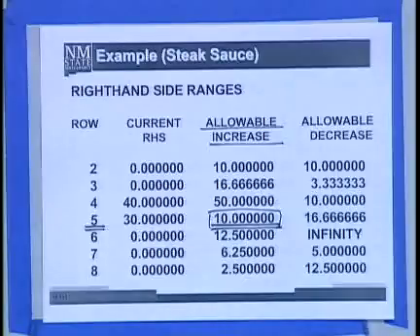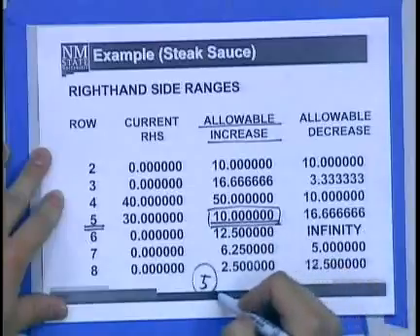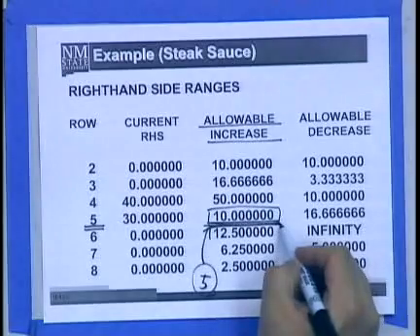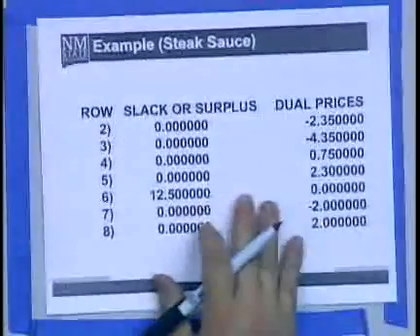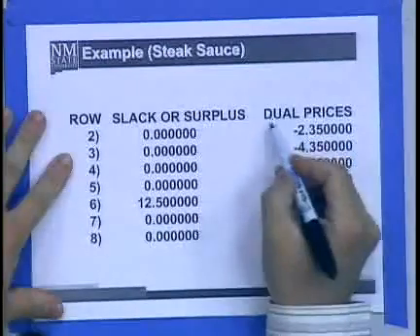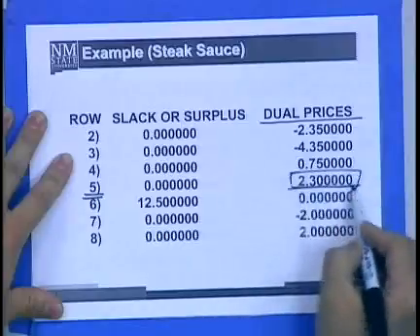So the current dual price for row number 5 is valid because an additional 5 quarts of ingredient B is less than the allowable increase, which is 10 quarts. The dual price for row number 5 is 2.3.